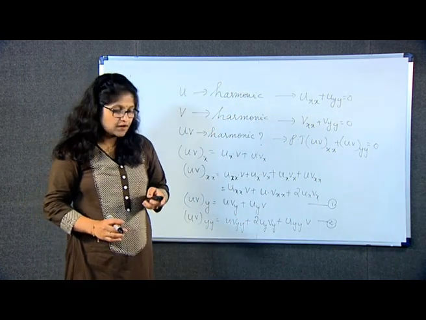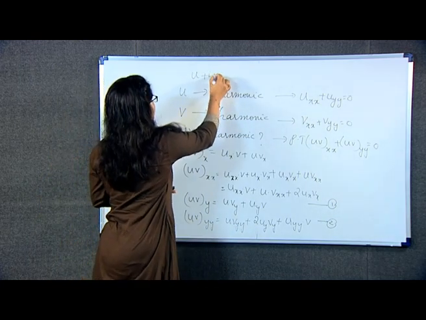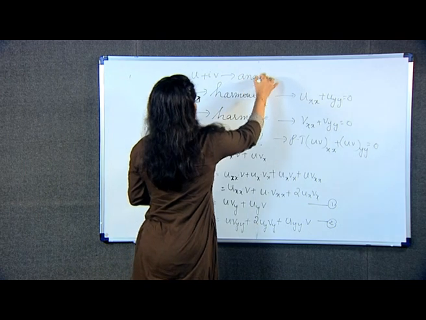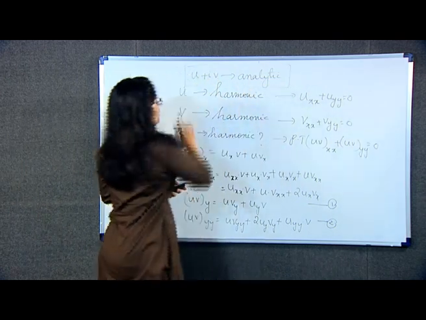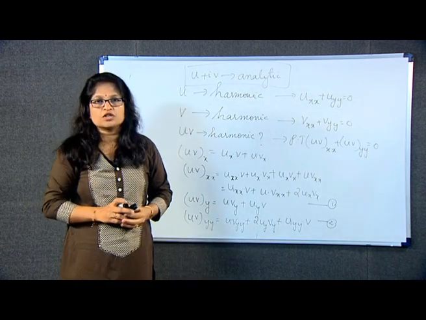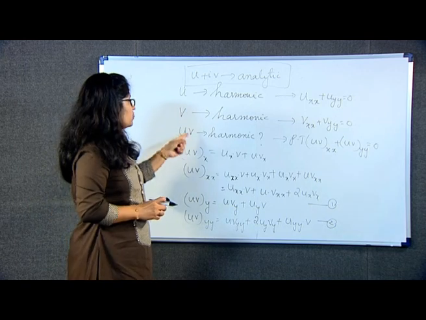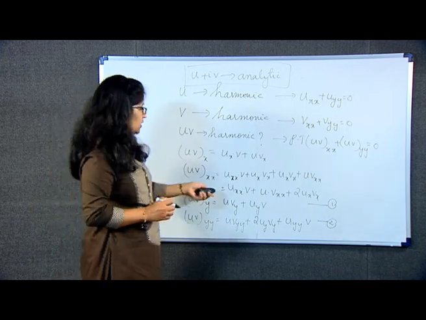Whenever your function u is harmonic, I should have the condition that u plus iv is analytic, then only you will be able to prove this result. Whenever u plus iv is analytic, that means u and v are harmonic conjugates to each other, then the product u into v will also be a harmonic function.